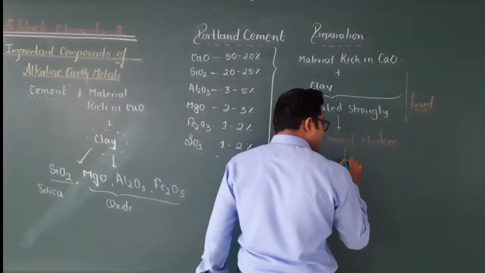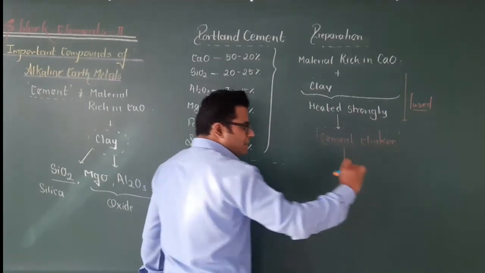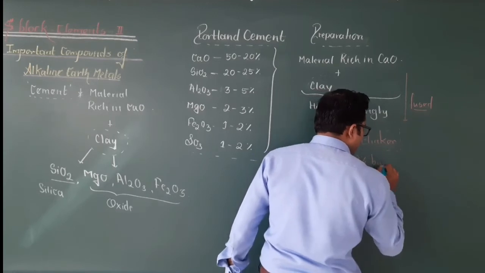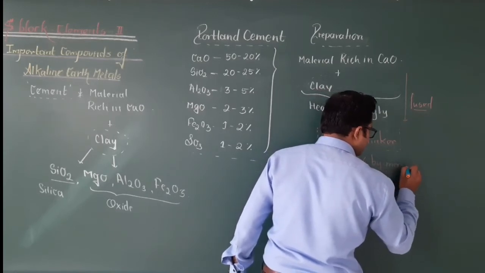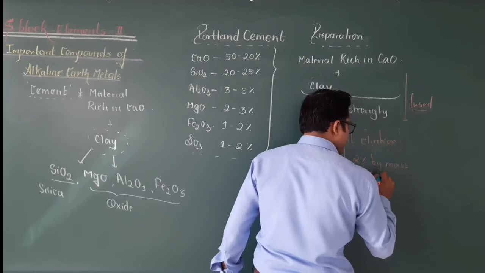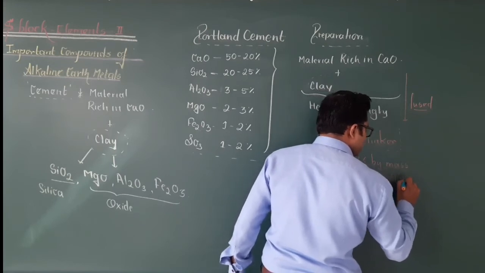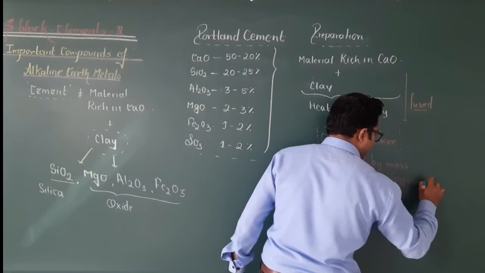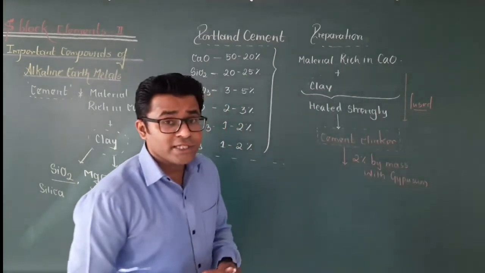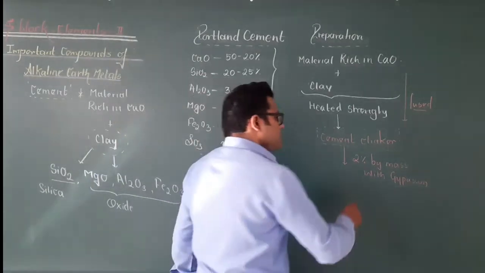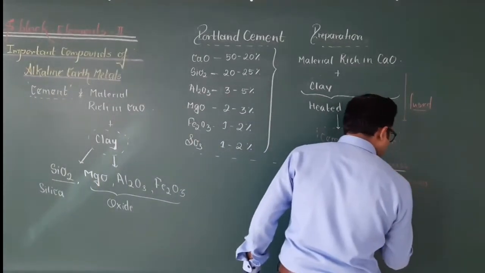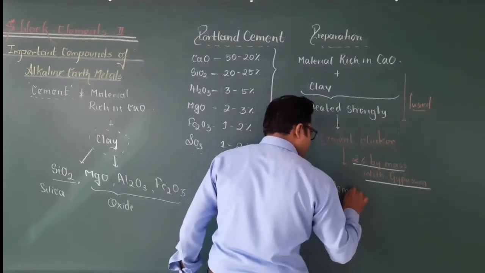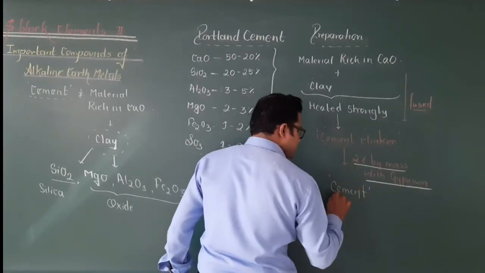Now, these cement clinkers are treated with gypsum, 2% by mass of the cement, and this yields the final product, the cement.